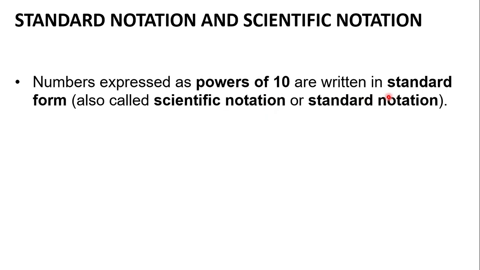It's not standard. But when you express the same number as power of 10, then the number is written in its standard form, also called scientific notation. So scientific notation, standard form, standard notation is basically the same thing.